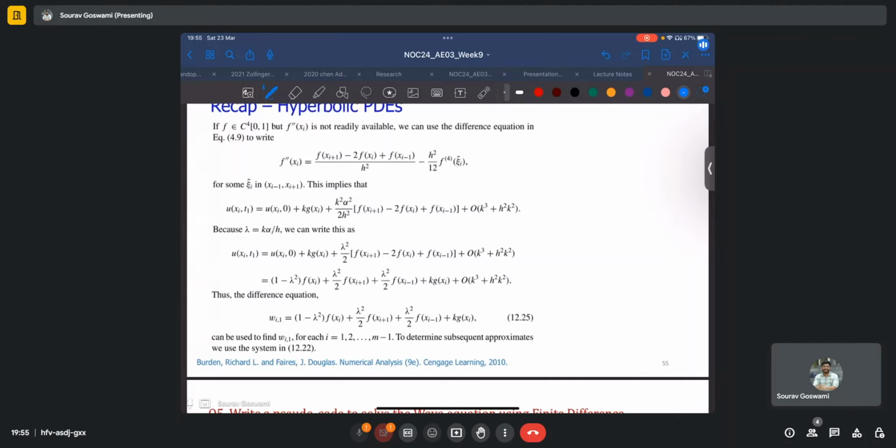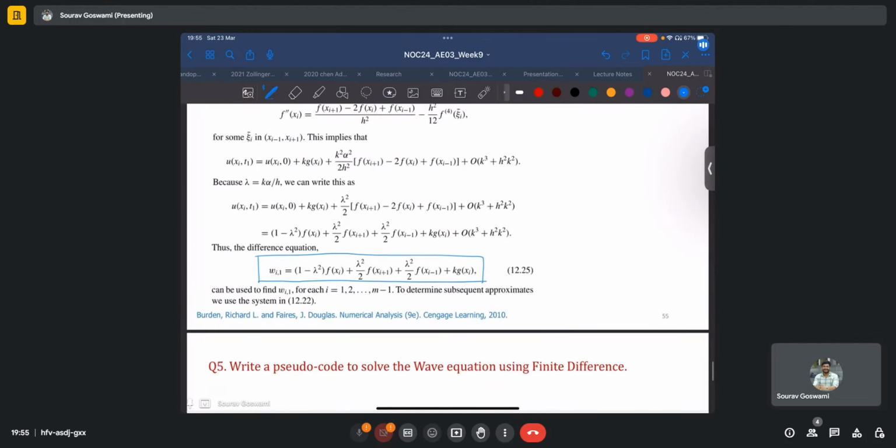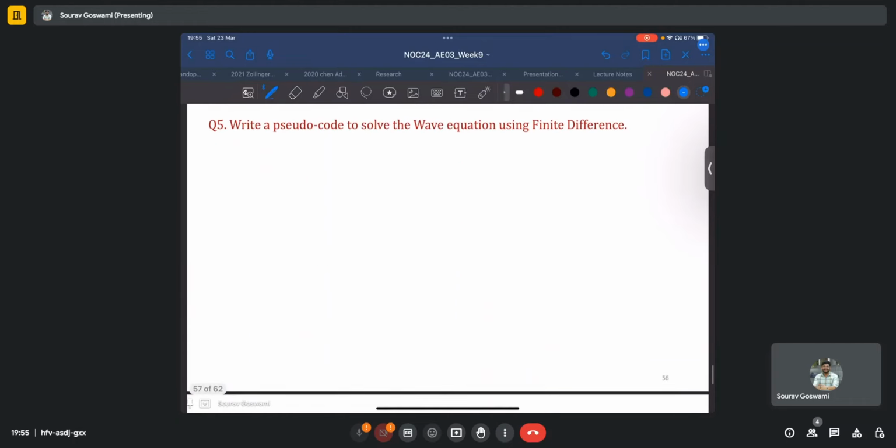Then this equation 12.25 can be readily used to find the information at the first time step, which we had difficulty in obtaining. Once the information at the 0th time step and the first time step are available, we can find information for all subsequent time steps. That is how it works.